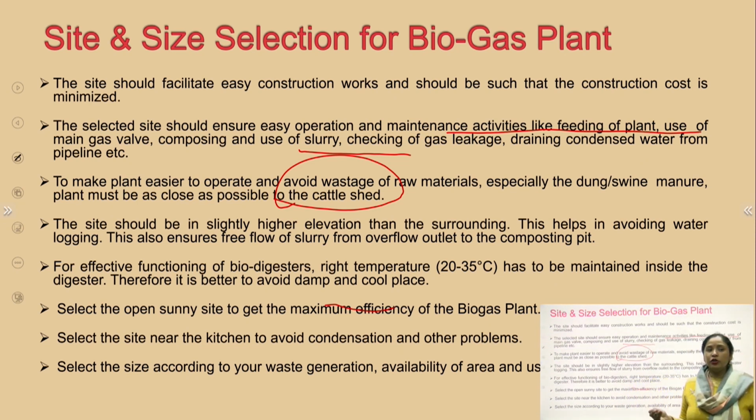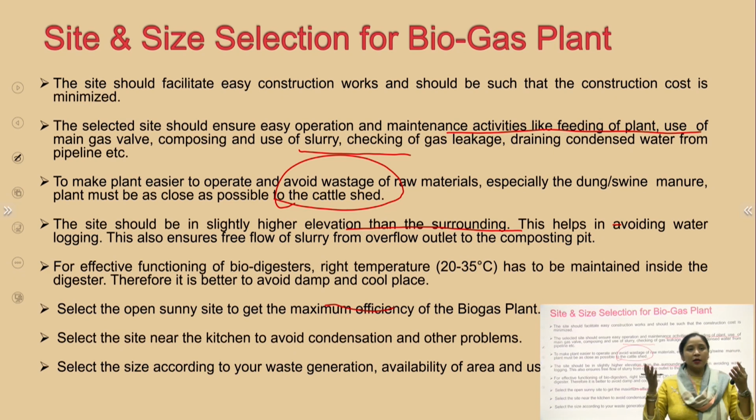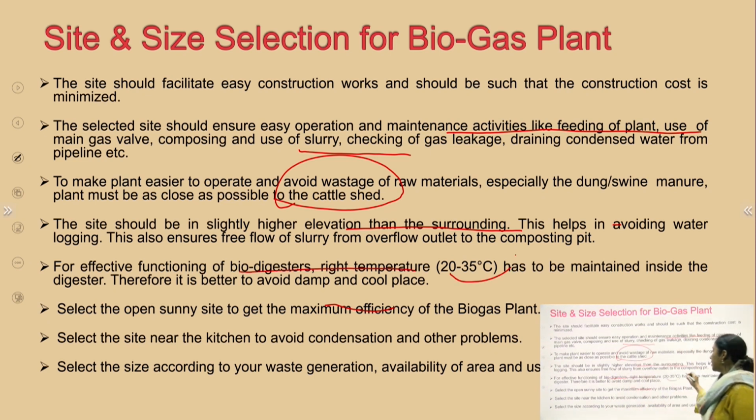The site should be slightly higher in elevation than the surroundings. This helps in avoiding waterlogging. In the rainy season there is a problem of waterlogging, and it's better if the site is higher above the ground. For effective functioning of the biodigester, the right temperature, around 20 to 35 degrees, has to be maintained inside the digester.